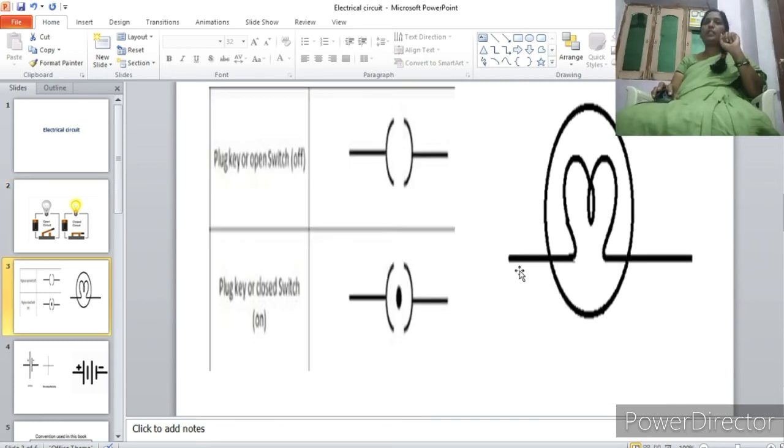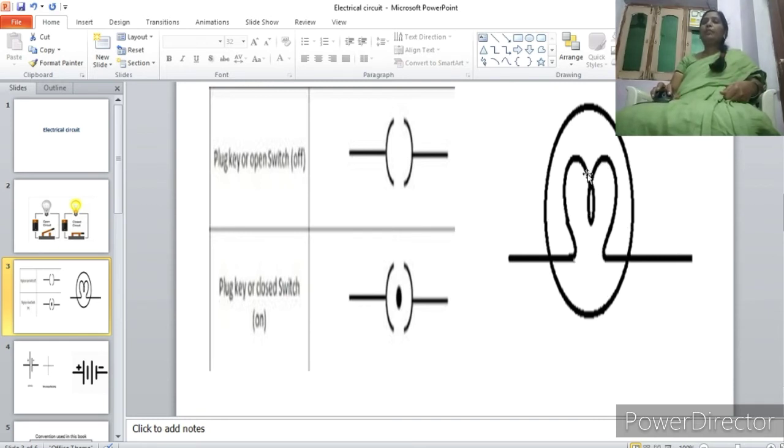Instead of all these diagrams, you are going to draw the circuit by using the symbols I am explaining now. So this is the symbol of when a switch is off. When the switch is in off condition, this symbol you need to write. When the switch is on, the same symbol, but in the middle a dot is present. So this is the symbol for switch on and this is the symbol for switch off.